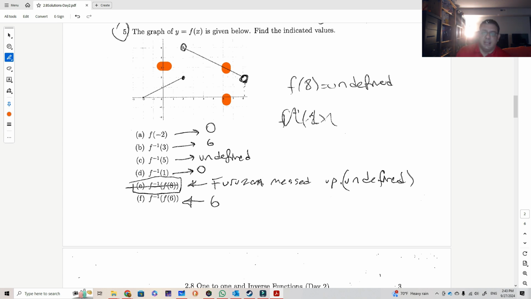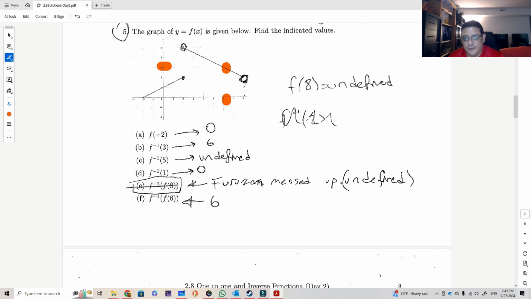And then again, f minus 1 of f of 8, notice that has no definition here because 8 is not part of the values. Notice 8 here is not defined on the domain.